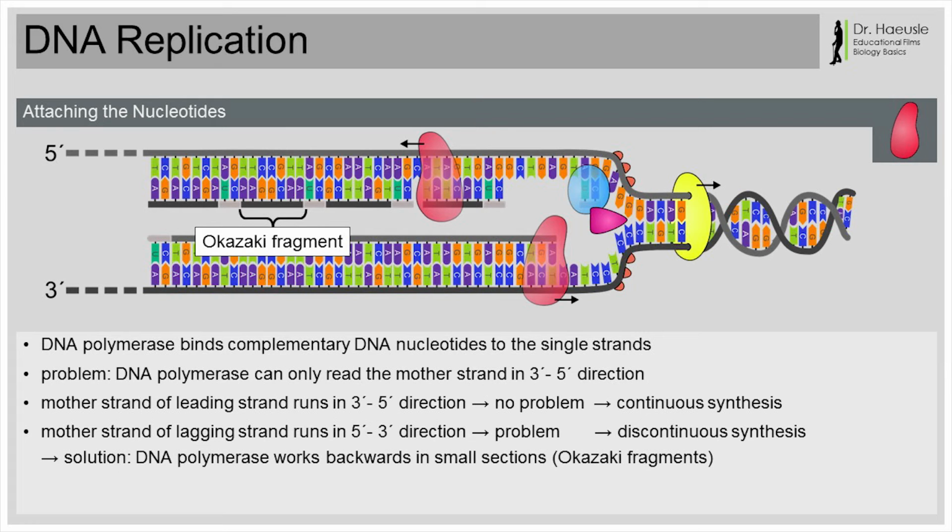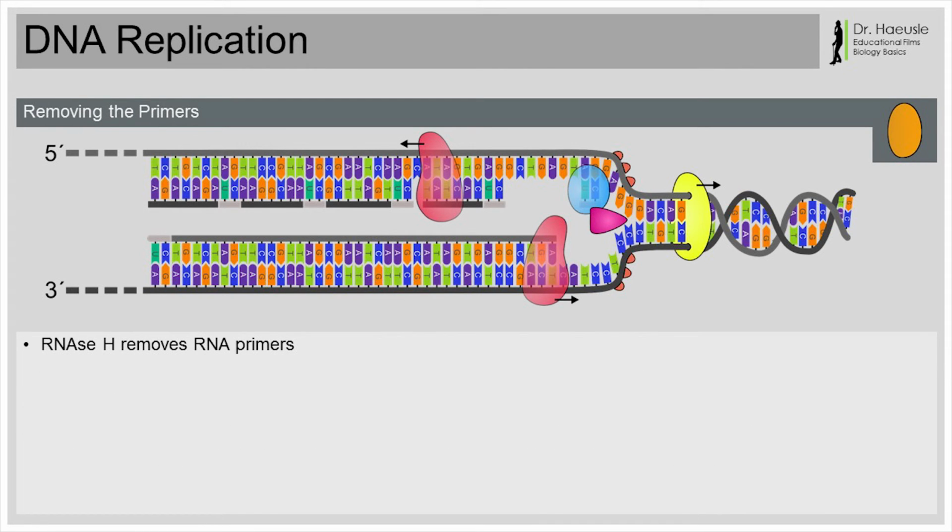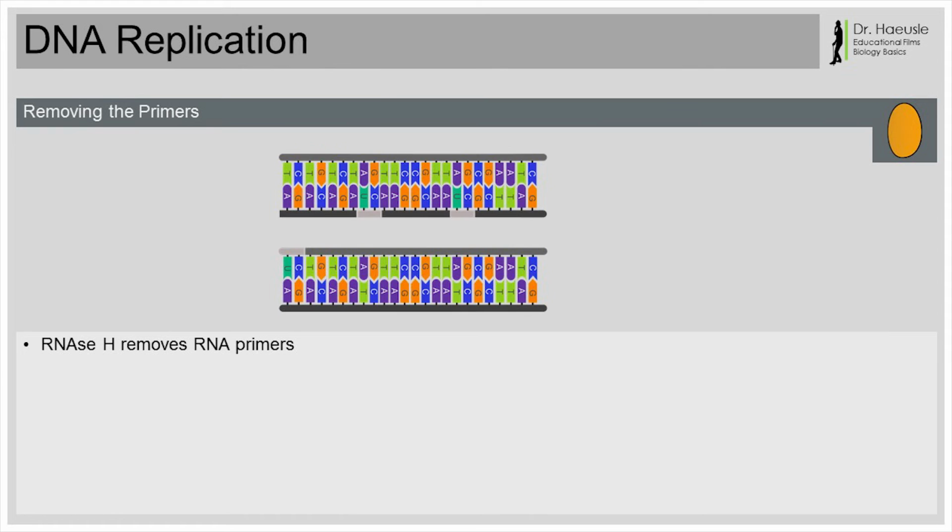But now there are lots of RNA primers in the new DNA strand. What happens to those? The RNA primers are later removed by the RNase H. At the same positions, a DNA polymerase connects DNA nucleotides to the strands.